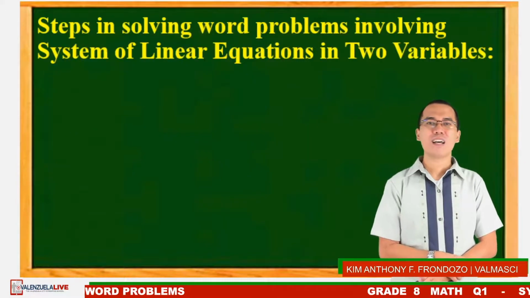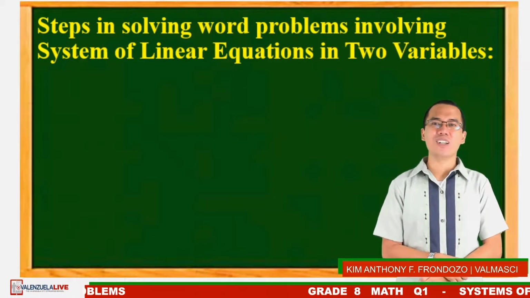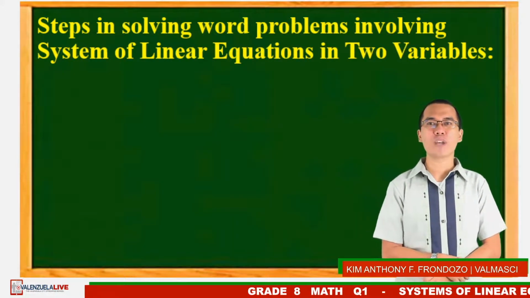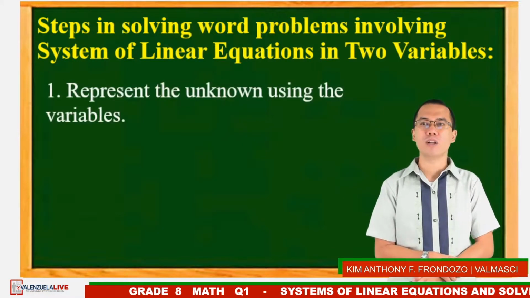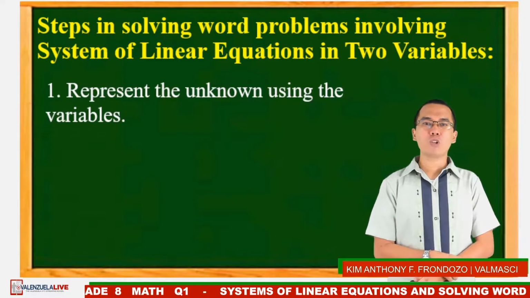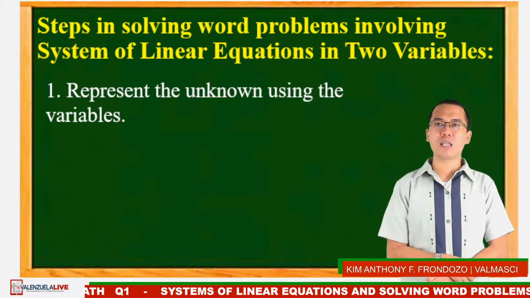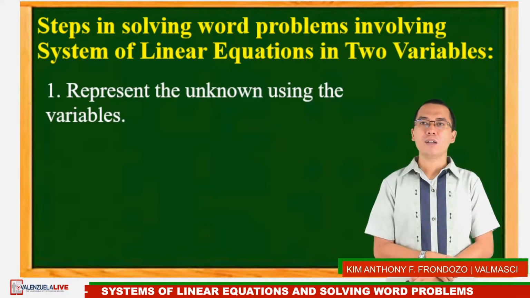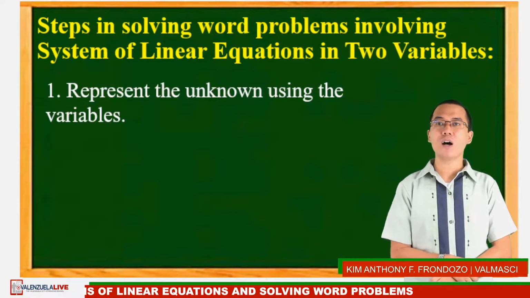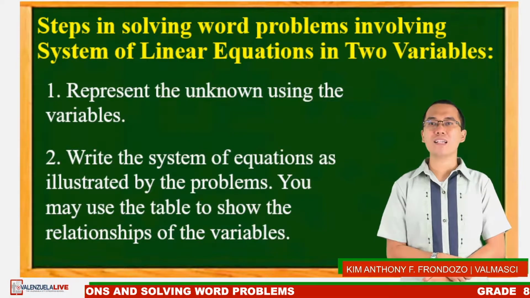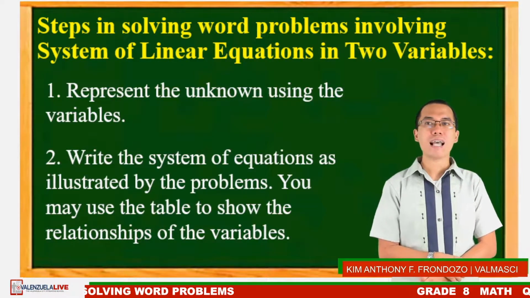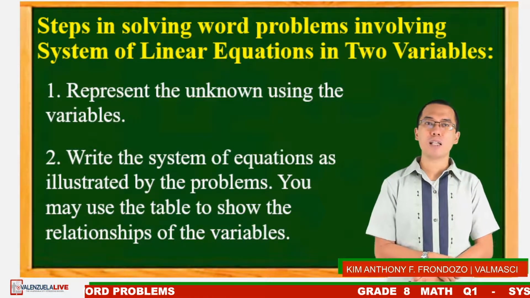Now, let's have our generalization. So here are the steps in solving word problems involving systems of linear equations in two variables. Remember to read, analyze, and understand the given problem. Then, represent the unknowns using variables. For step 2, we need to write the system of equations as illustrated by the problem.